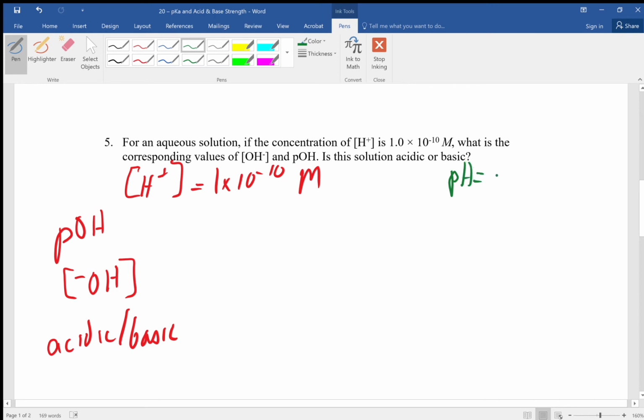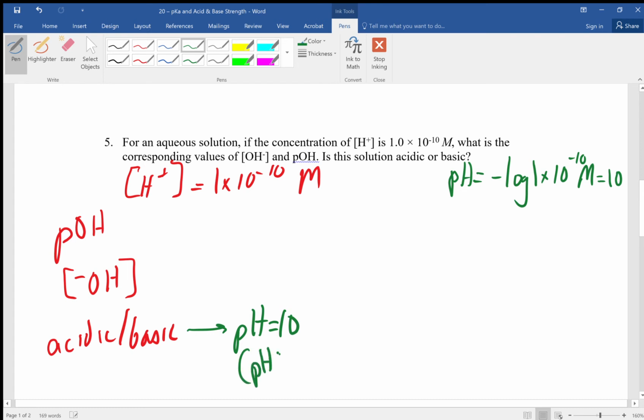So the pH is equal to the negative log of 1 times 10 to the minus 10 molar, because that's the concentration of H+, or pH of 10. So if we have a pH of 10, pH of 10 is greater than 7, that means we're dealing with a solution that's basic.